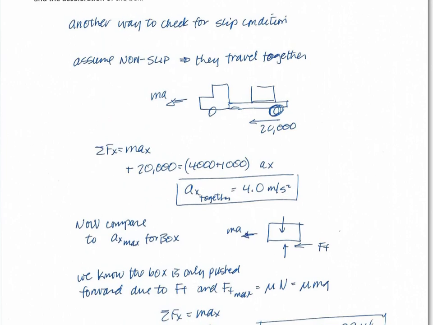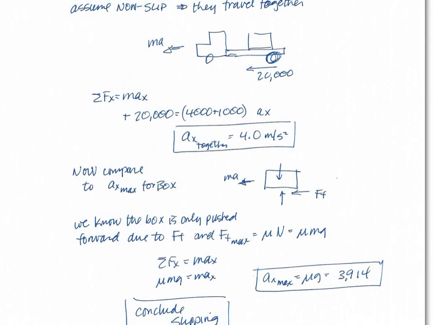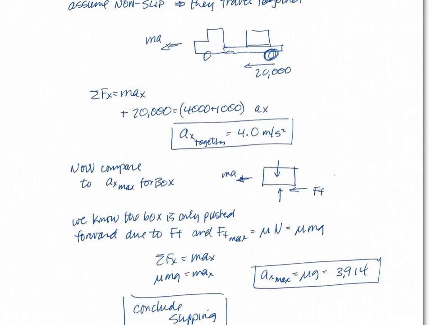And then I have to compare that to the maximum acceleration for the box, which is, again, the same kind of approach. If I drew the box alone, the only thing that could push it forward would be the force of friction, and I could again go back to the maximum acceleration of the box, which is 3.914. And then you compare what I discovered here to here, and what makes more sense.